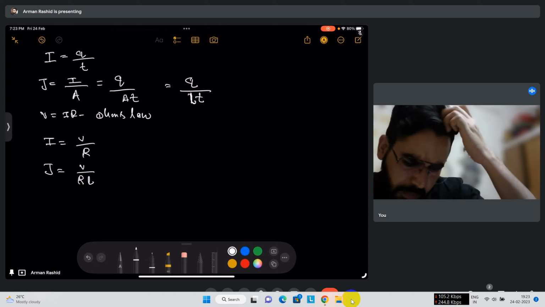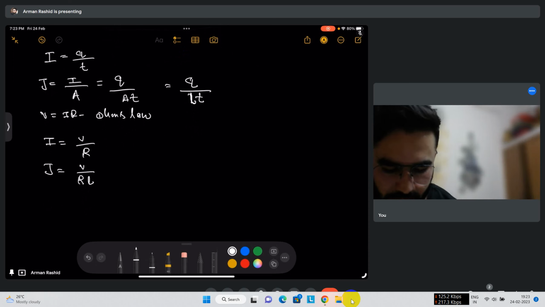Now if we define everything, this is in terms of resistance, but if we consider it in terms of resistivity, how is resistance related to resistivity?